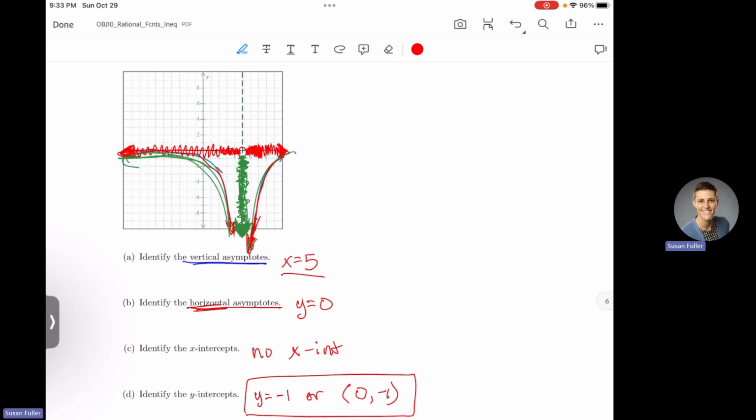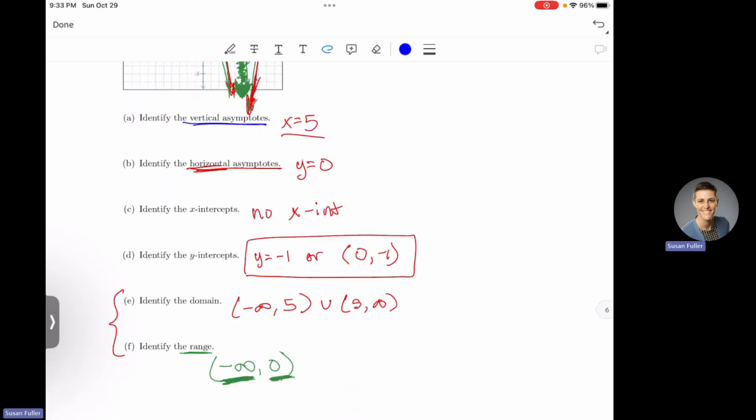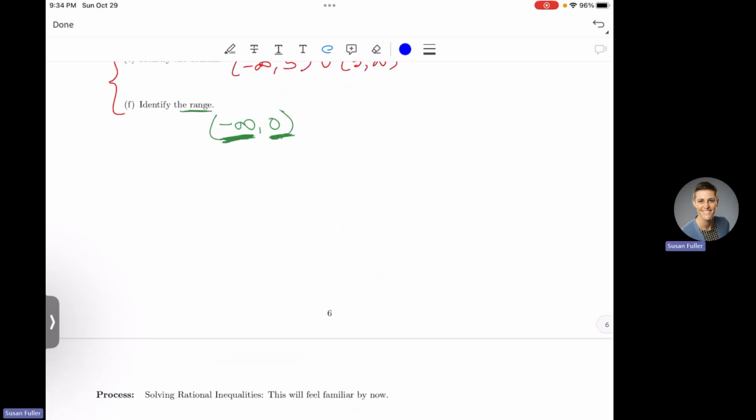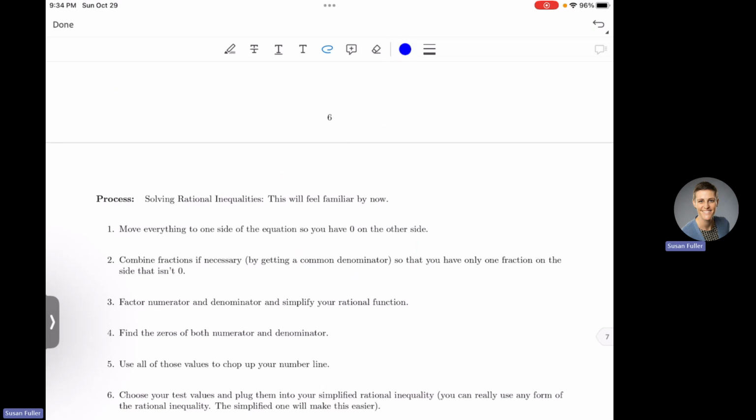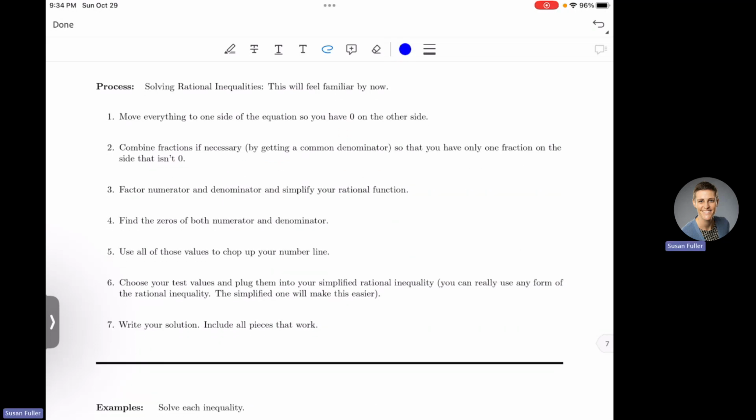And that's going to be our last graphing topic here. And then we're going to switch gears a little bit. The last thing that we're going to cover is solving rational inequalities. Now, we've done several different kinds of inequalities up to this point, and since we've done linear inequalities, everything after linear inequalities is going to be solved the same way.